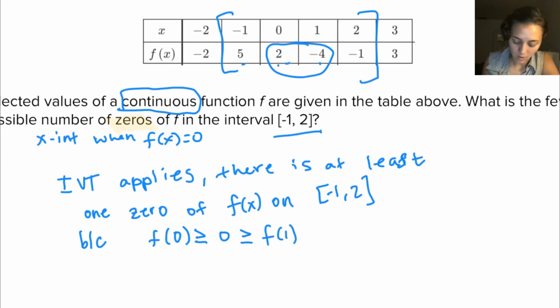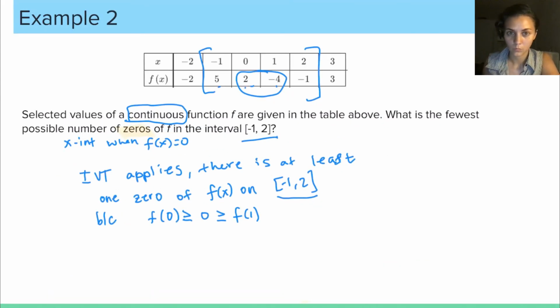So I know that 0 occurs between 0 and 1, which is on this interval. Okay.